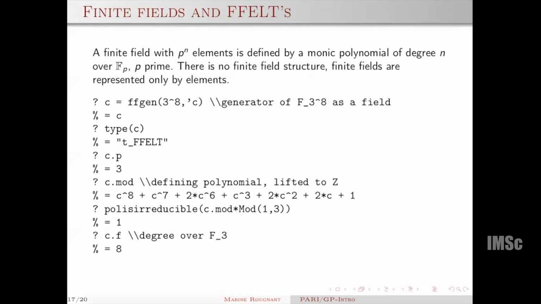This is why I use C, because C is weak. Remember X, Y, Z, and so on. C is really weak. So here, C is a generator of this field.